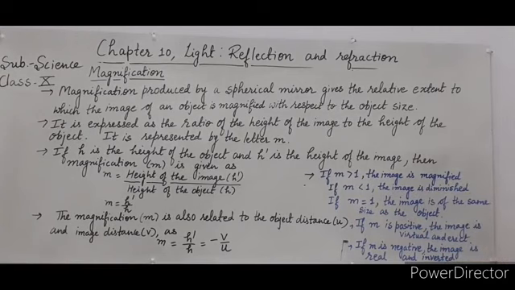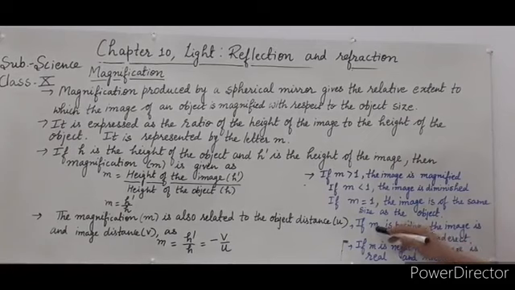If m is equal to 1, then the size of the image is equal to the size of the object. So in case of a plane mirror, the height of the image is equal to the height of the object, so for a plane mirror, the magnification is equal to 1.